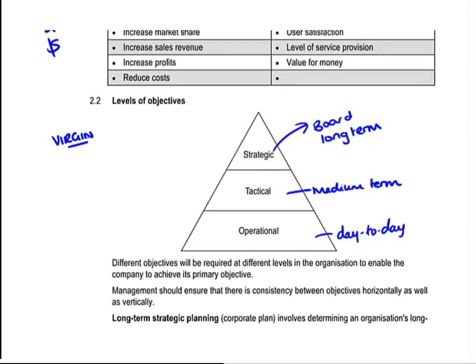And right down at the bottom of the organisation, we're going to have operational objectives, perhaps thinking about capacity on the train from London each day, thinking about the number of packets of crisps sold, and thinking about how we can contribute to the overall corporate objectives of profit growth and sales growth. Tactical objectives then will fit somewhere in the middle of that. So that might be looking at perhaps increasing passenger numbers overall, so thinking about whether extra routes are needed or extra trains.